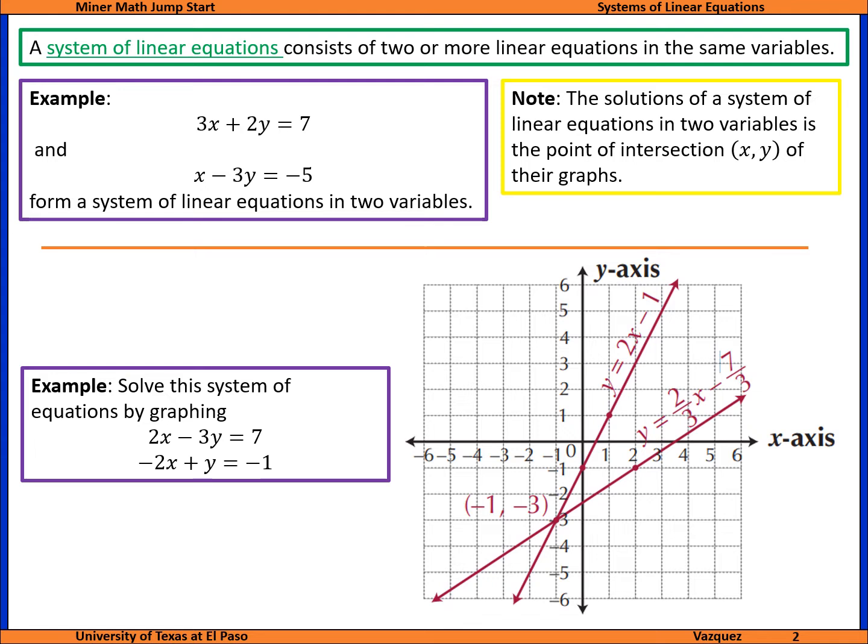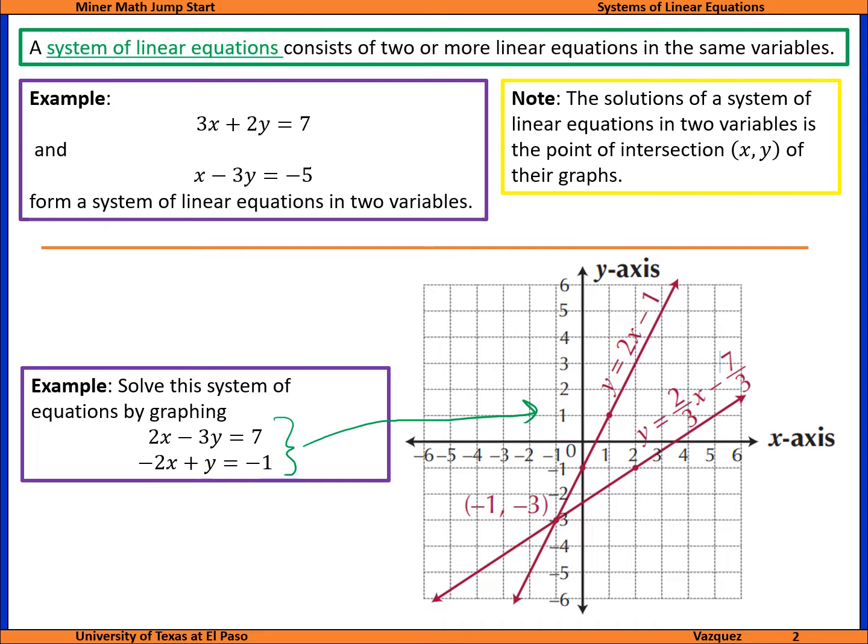If we look at the graph, we have y equals 2x minus 1, and y equals 2/3x minus 7. These two lines are the ones graphed.